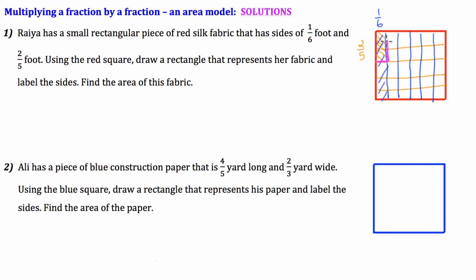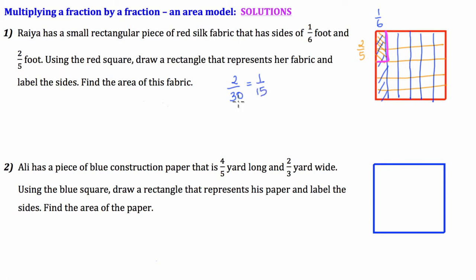This is her rectangular red silk fabric. Now we have to figure out the area of this fabric. You will notice that there are 2 of these boxes in her red fabric out of a total of 30 boxes. So the area of her rectangle is 2 out of 30, which is also equal to 1/15.